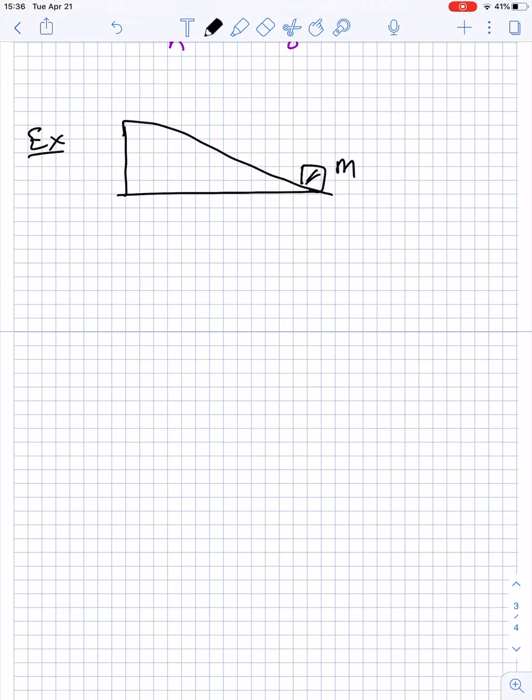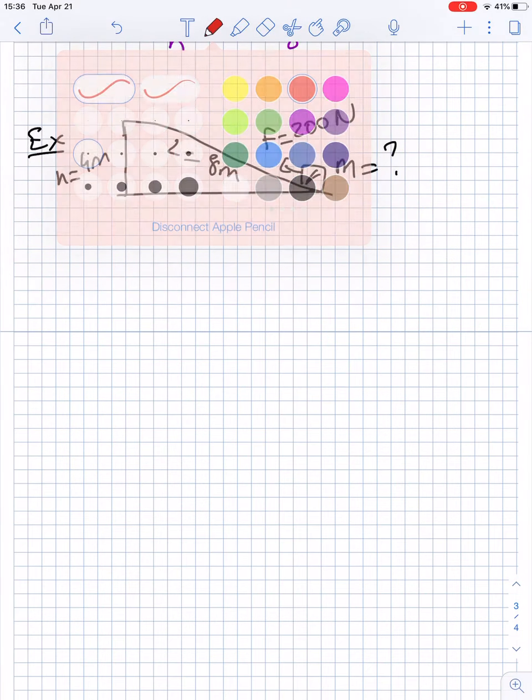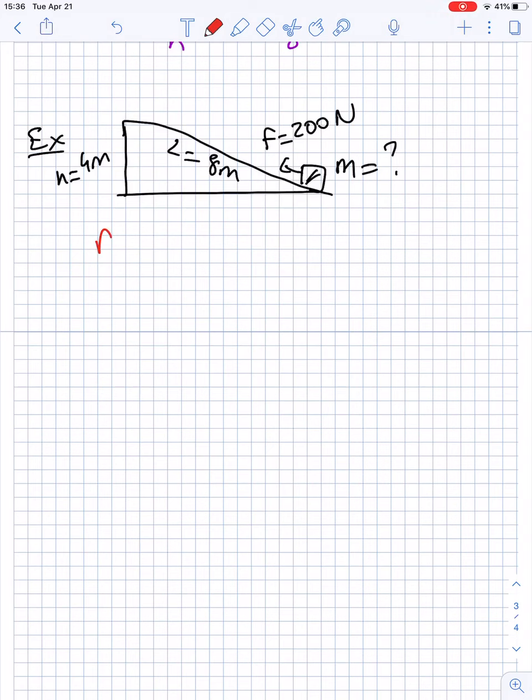And here we have an object, and I will apply F equal to 200 Newton, height is equal to 4 meters, and L is equal to 8 meters. Find the mass of the object.